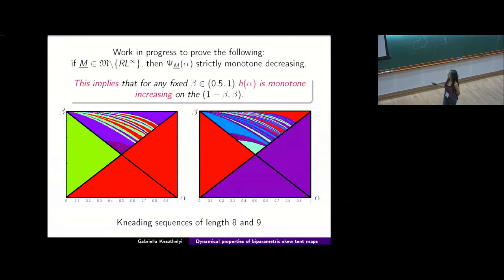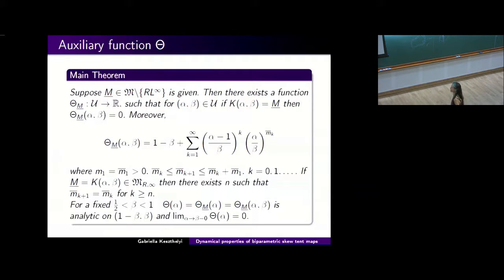And you can correspond it to the horizontal line. And if the curves are strictly monotone decreasing, then if you go up on this vertical line, that will correspond to a curve further away on the horizontal line. And in order to do that, we will use other tools.